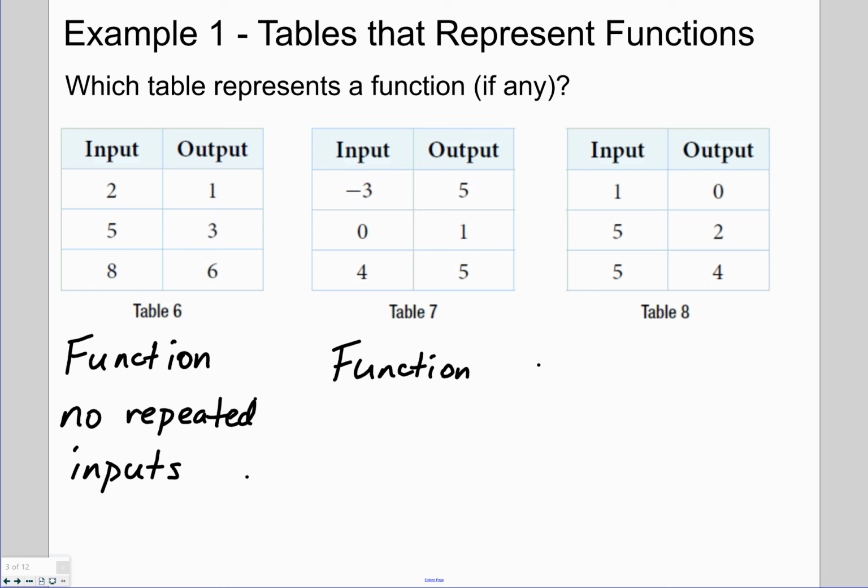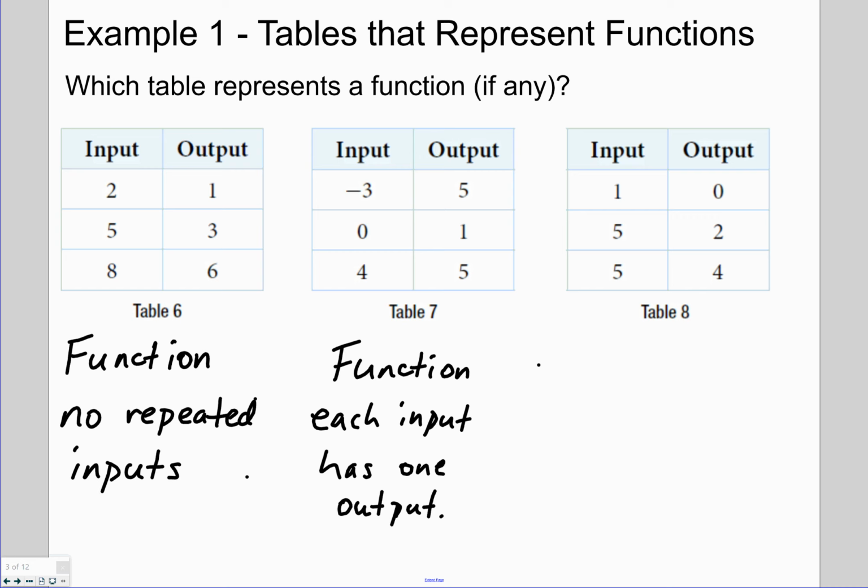But you can repeat outputs. What can you not repeat? Inputs. So this one has each input has one output. Now, it's just a coincidence that two of those outputs happen to be the same number, those two outputs that are 5.